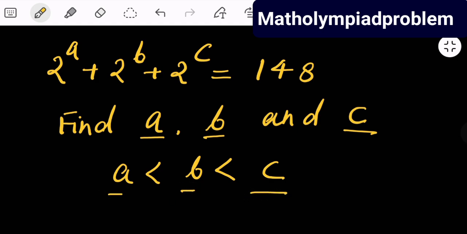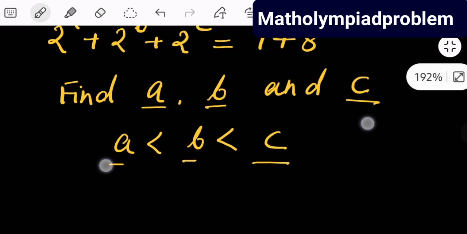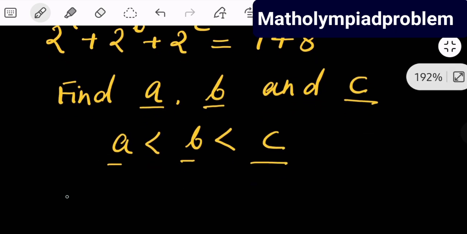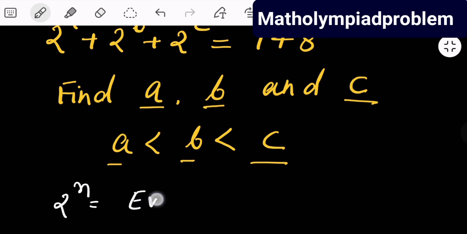Okay, so let's start. Such questions always feel very tricky, but if you know some basic concepts about exponents, especially for 2, then you can easily handle these questions. For example, we know that for 2 raised to n, the number will always be even.